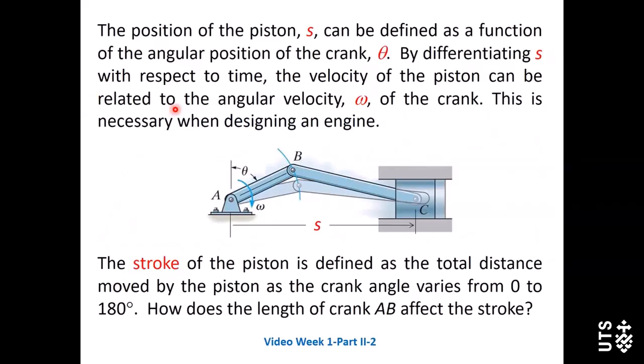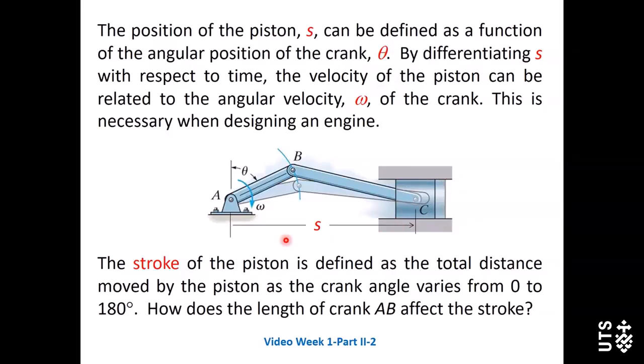For example, in this mechanism, crank AB undergoes rotation about a fixed axis through point A. The connected piston C undergoes translation.